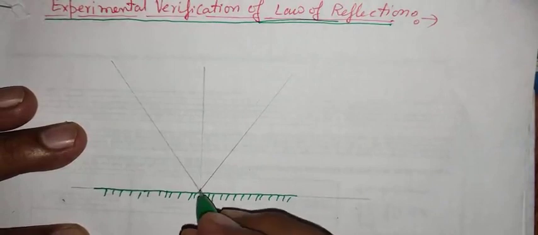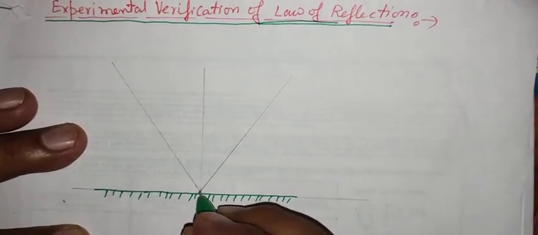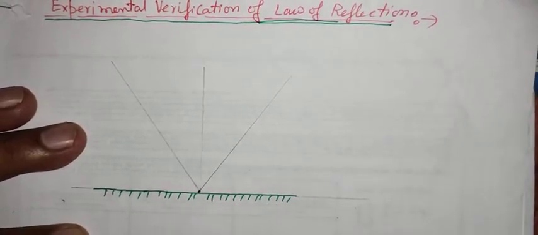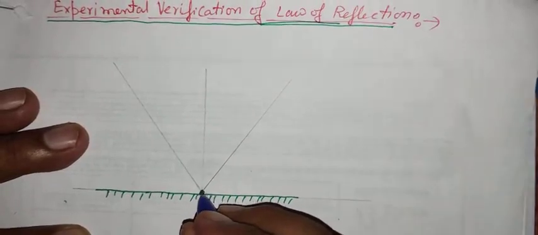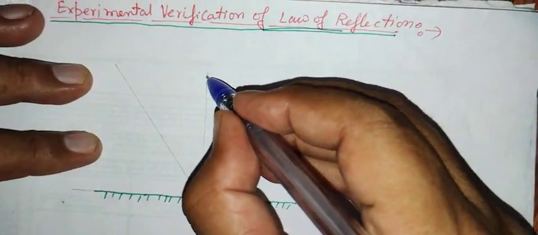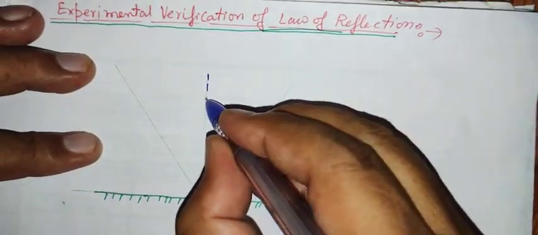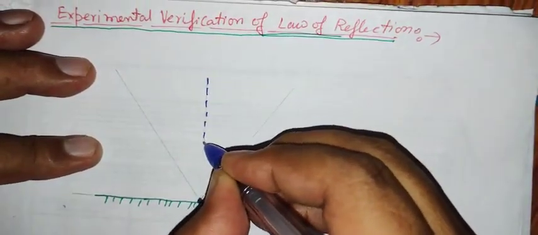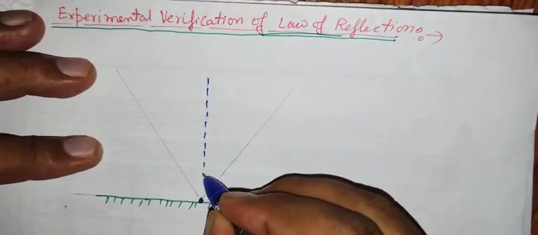Consider this point as the point of incidence. Make a normal here, a perpendicular line from the plane mirror.